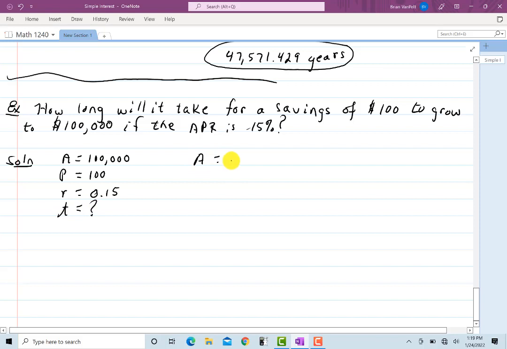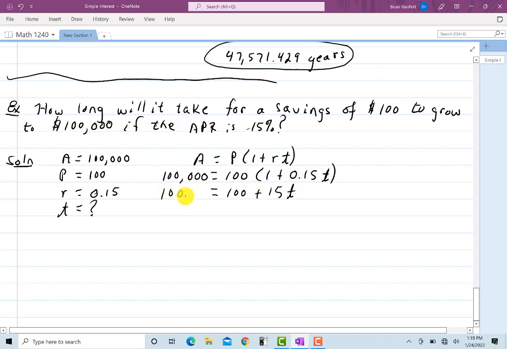So I put my formula in again. 100,000 equals 100 times 1 plus 0.15 t. I'll do the same thing I did last time. I'm going to distribute the 100 through to get 100 plus 15t, and that's equal to 100,000.